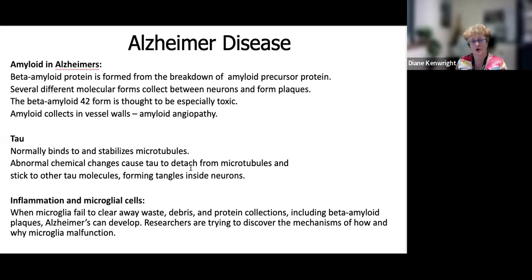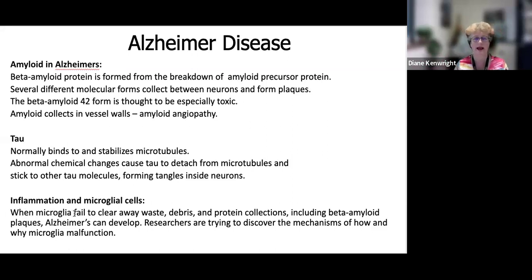What else goes wrong in Alzheimer's disease? Well, the brain needs its waste clearing away, and often that's done by microglial cells. Remember, we learned about microglial cells when we were learning about strokes, and they are the macrophages of the brain. So you're having all this amyloid and debris appear, and it can be accelerated if the microglial cells malfunction.